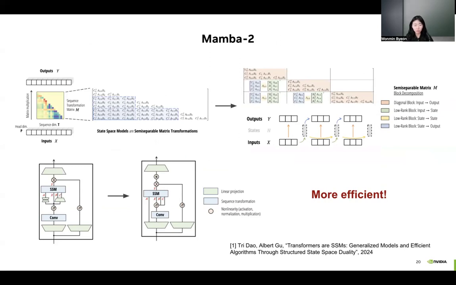So in Mamba 2, they show that by doing more compression of the state, we can make it more efficient with the SSMs, and even the performance improves as well. So you can consider it as KV compression, in other words. Thank you.